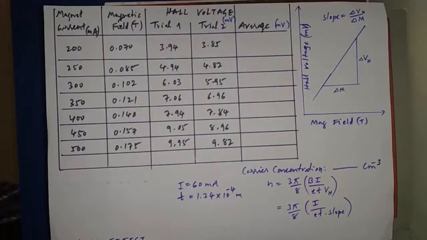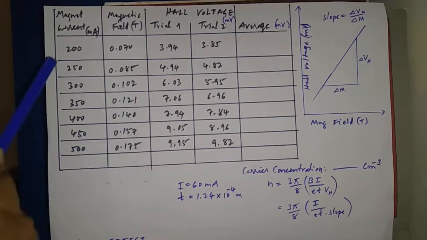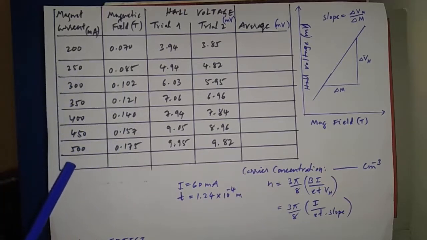So here we have the data set. The experiment is explained in another video, where we have changed the magnetic field and noted down the Hall voltage. In the experiment, we are not really changing the values of the magnetic field directly, but we are changing the current through the electromagnet.